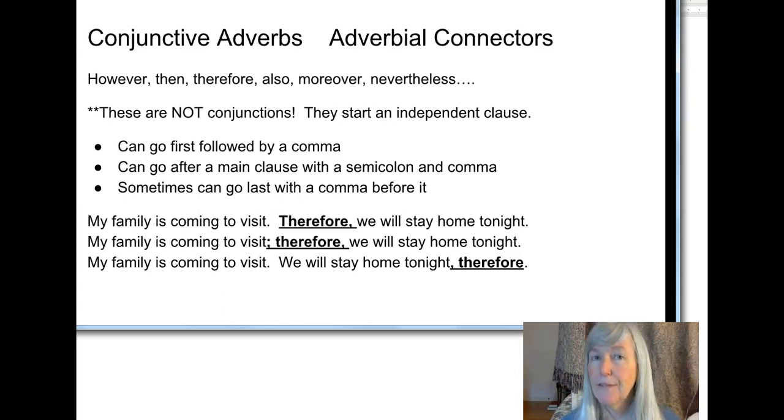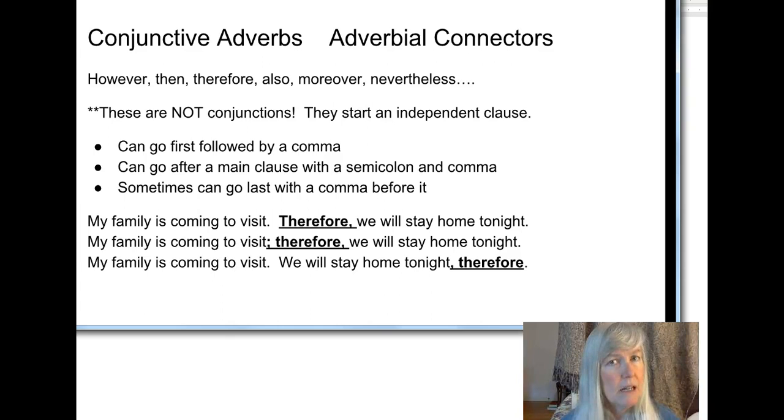They can go after the main clause with a semicolon, showing that it really is a new sentence. So, for example, my family is coming to visit. Therefore, we will stay home tonight. My family is coming to visit. We will stay home tonight, therefore.